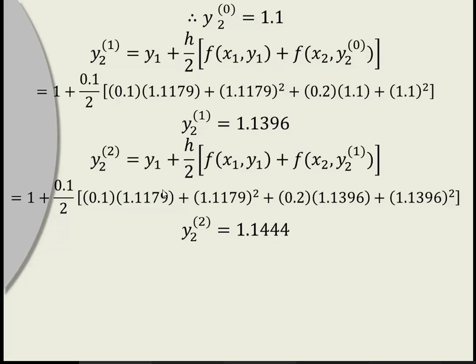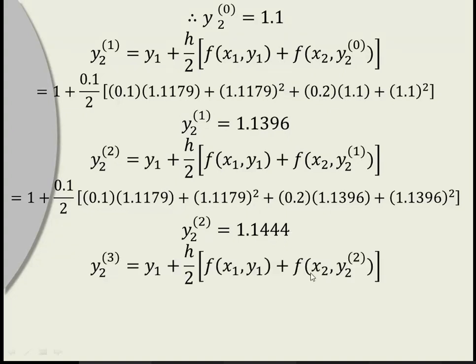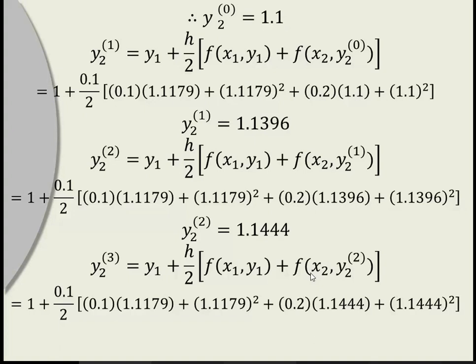Again, these two are not matching up to 2 decimals, so take a further iteration. In the third iteration, you can see that this is 1.1444 and this is 1.1450. So up to 2 decimal places, these two values are matching. So we take the value of y2 as 1.1450.